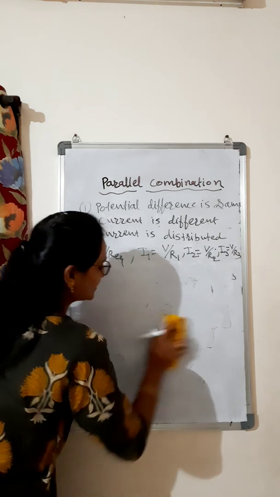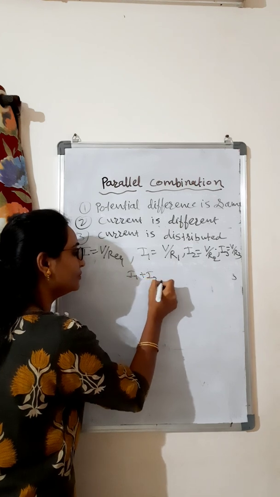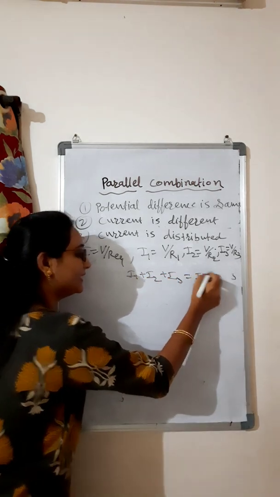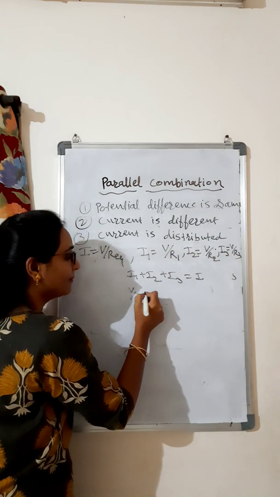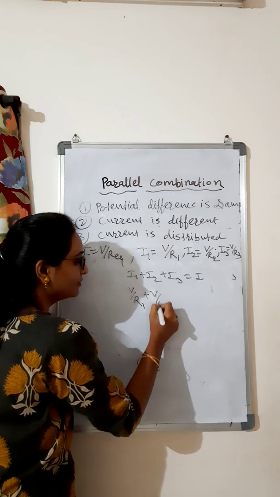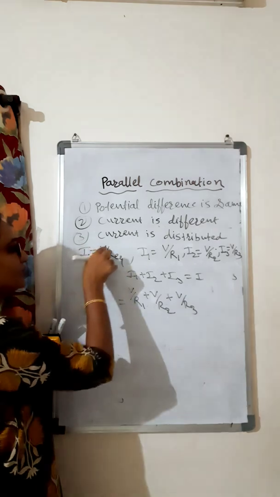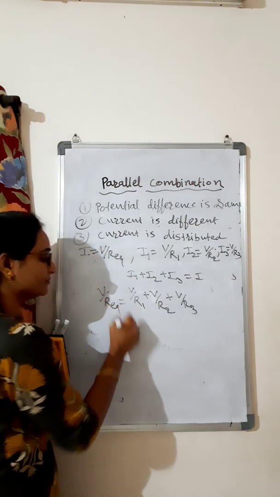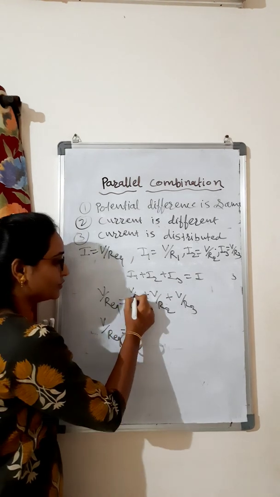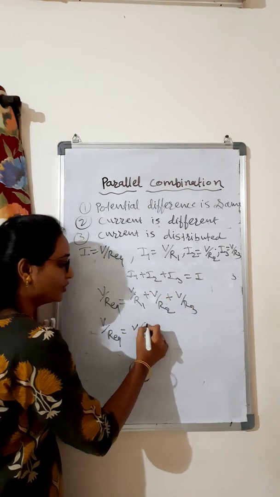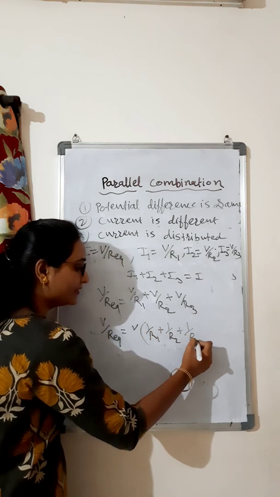If you add, the complete I is I1 plus I2 plus I3, which gives you the complete I distributed. So V by R1 plus V by R2 plus V by R3 will give you I. I is V by R equivalent. See here, V by R equivalent is equal to, if I take V common, 1 by R1 plus 1 by R2 plus 1 by R3.